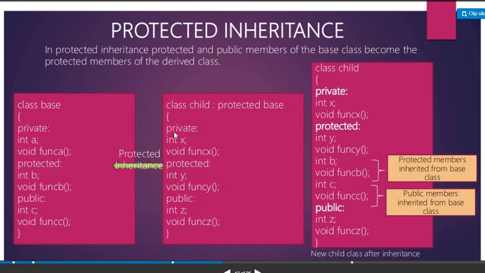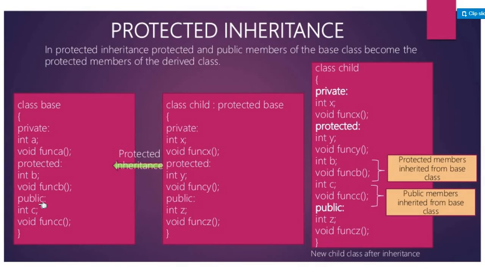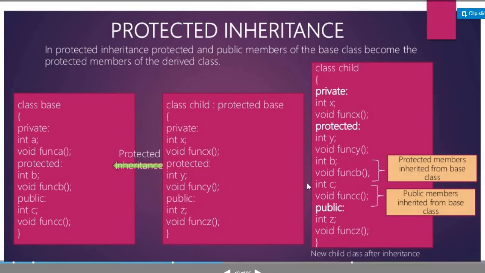So private integer x for x, protected integer y for function y, public integer z function z. So in the child class, the protected and public members of the base class, b and c, become protected here.